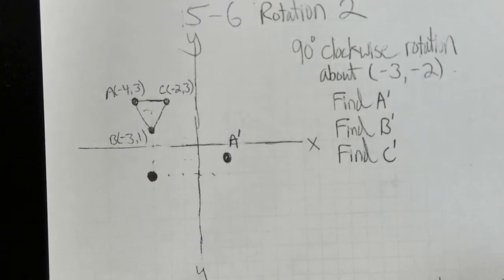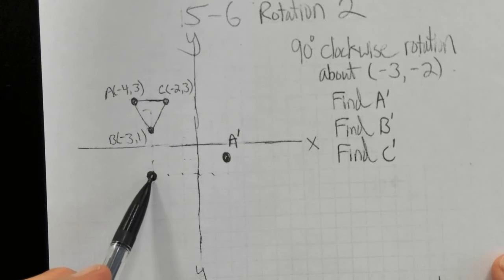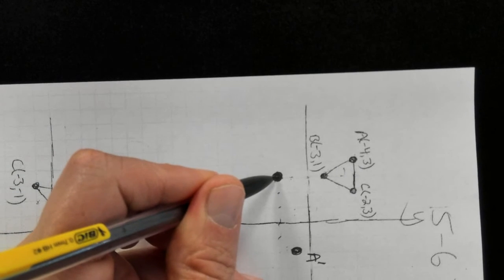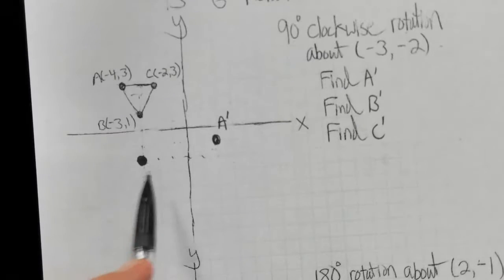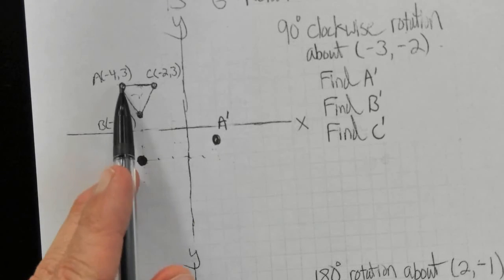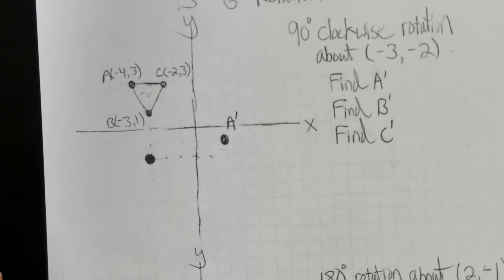Once again, notice that everything is happening from the center of rotation, not from 0, 0. When we turned it, we asked how far it is from the center of rotation: to the right 5 and up 1. When I go back to normal, I go to the right 5 and up 1. Notice it did rotate from here over to here, 90 degrees clockwise.